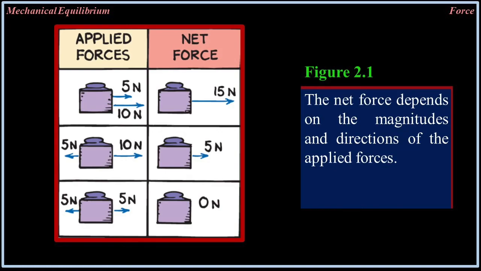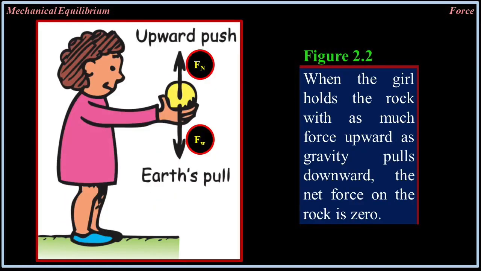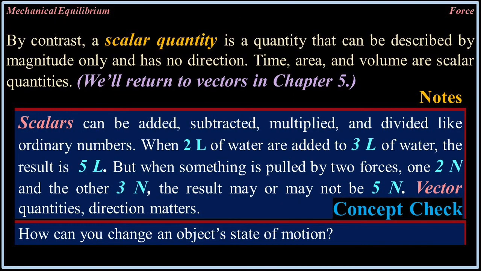The net force depends on the magnitudes and direction of the applied forces. Consider this very carefully. And here is another shot of figure 2.2: when the girl holds the rock with as much force upward as gravity pulls downward, the net force on the rock is 0.